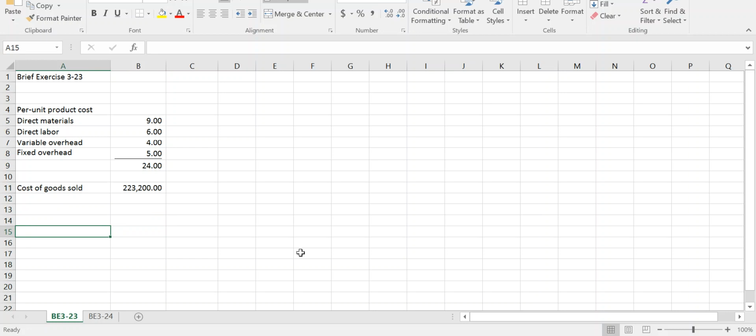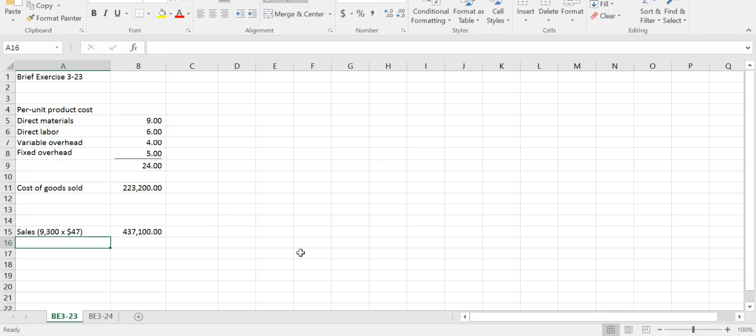When we're doing absorption costing, we do a traditional income statement, breaking apart our costs between product cost and period cost. So we start with our sales. Again, we sold 9,300 units, and they told us that we sold them for $47 a piece. So we have our 9,300 times our $47.